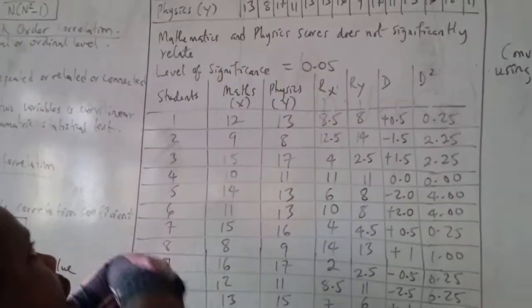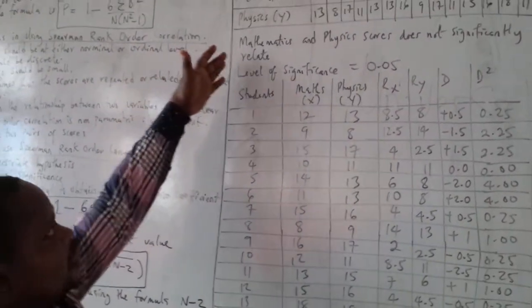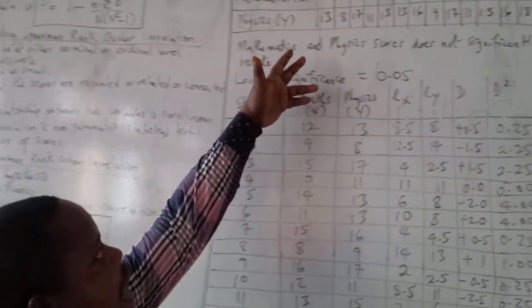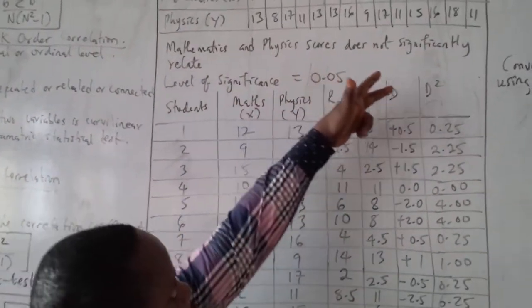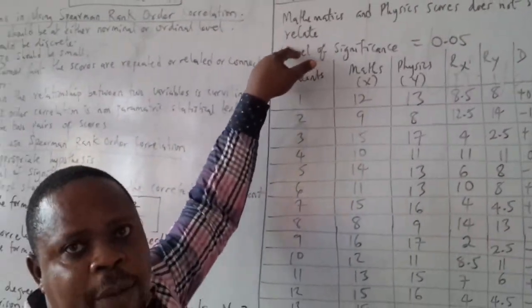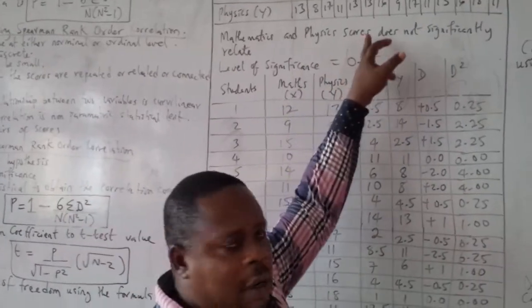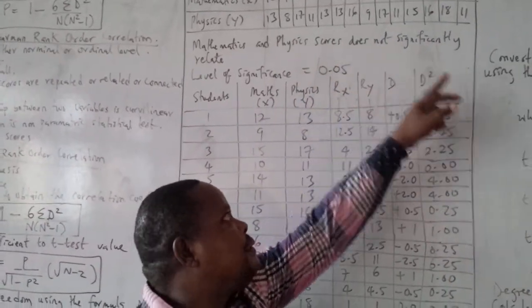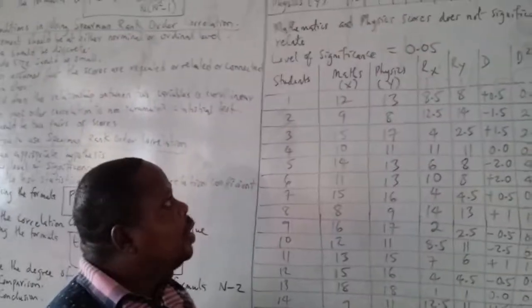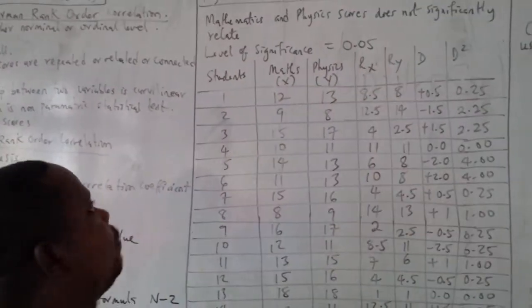The scores are already there. And so the hypothesis now is that mathematics and physics scores do not significantly relate. Remember, that's the null hypothesis. Mathematics and physics scores of the students do not significantly relate. And then the level of significance is 0.05.